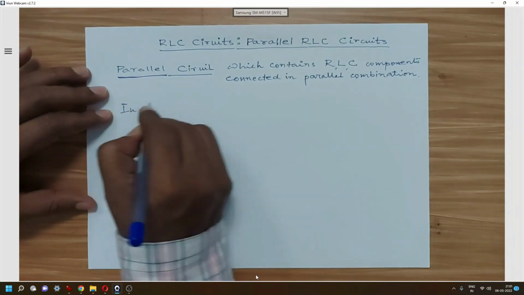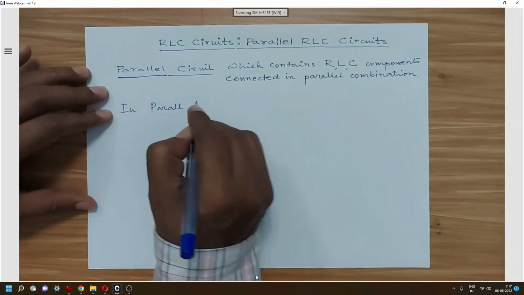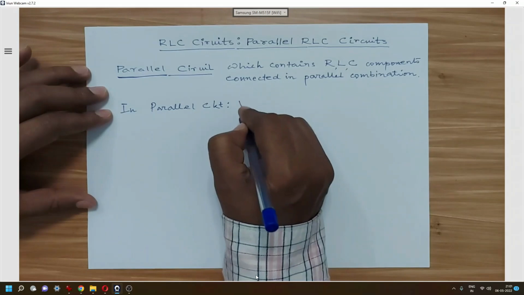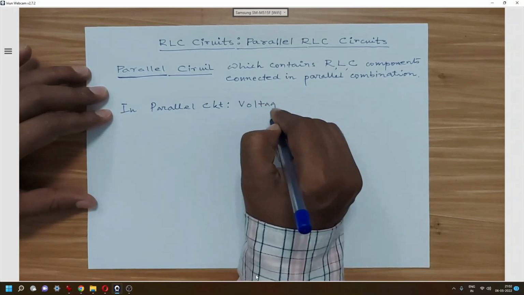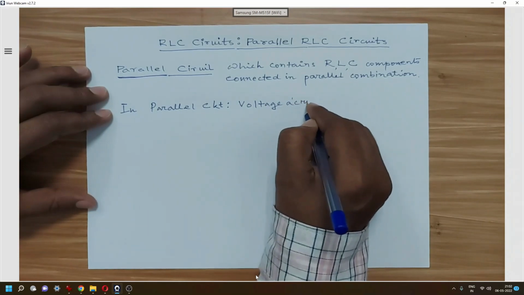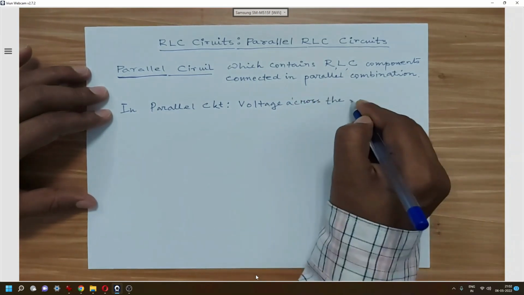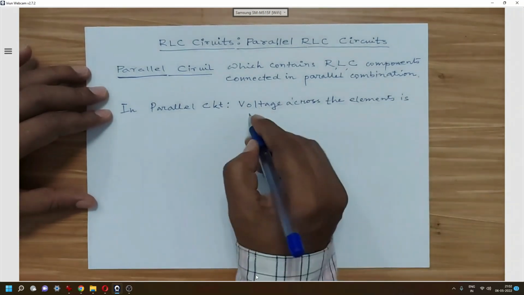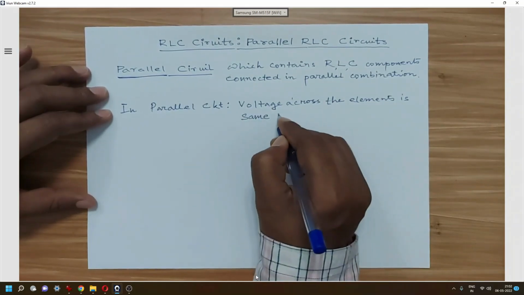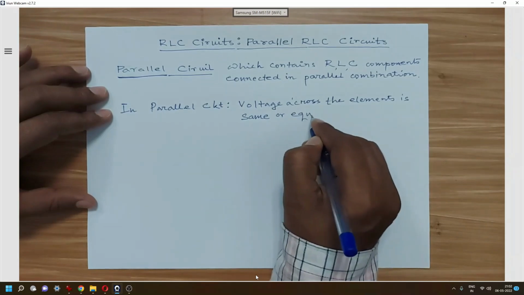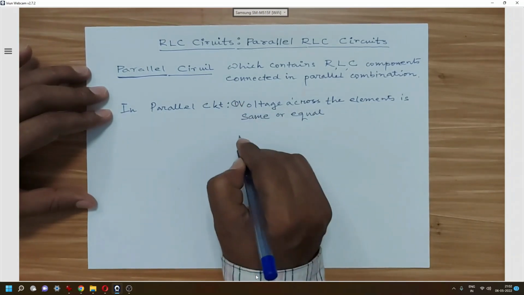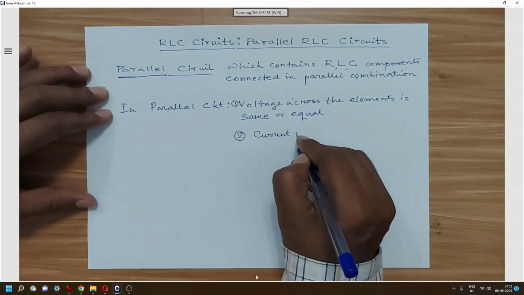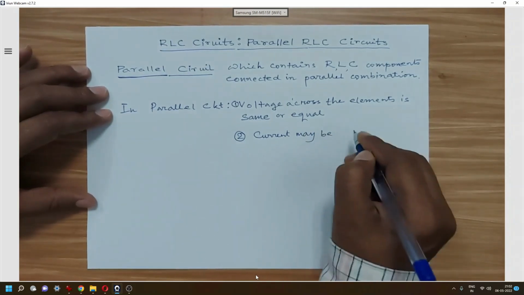Now in parallel combination or in parallel circuit, number one, voltage across the elements is same or equal, and number 2 is current may be changed.